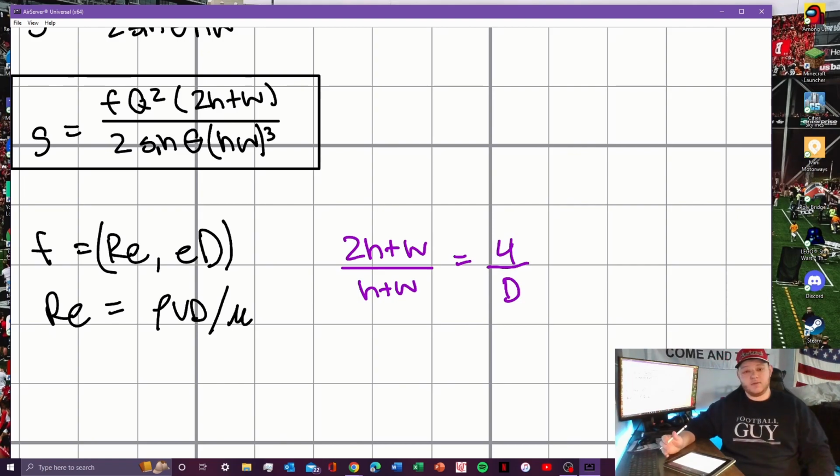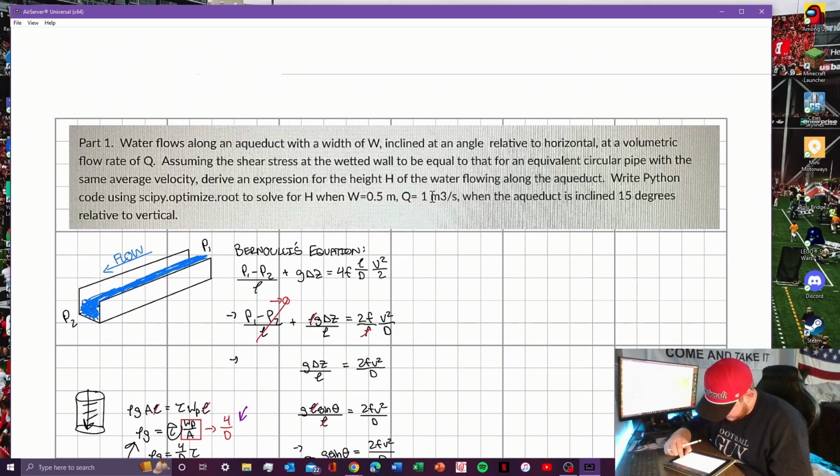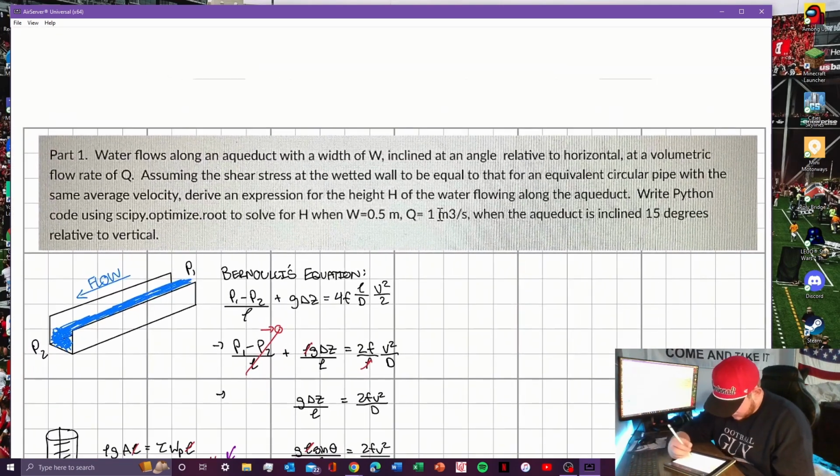For the equivalent diameter, we are assuming that the shear stress at the wetted wall will be equal to that for an equivalent circular pipe with the same average velocity.